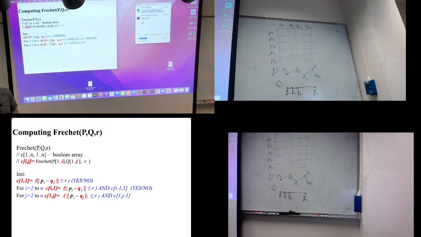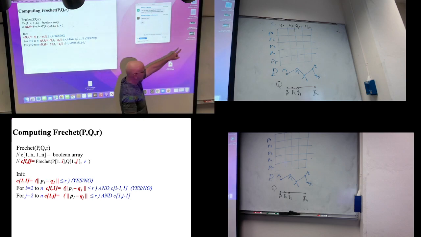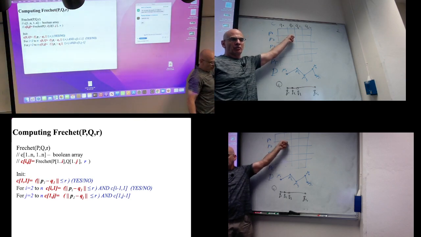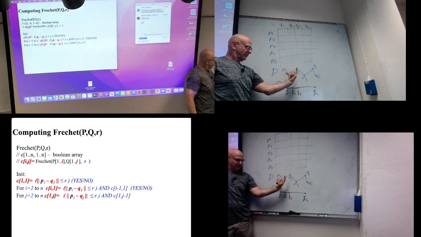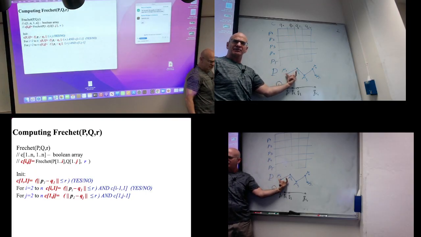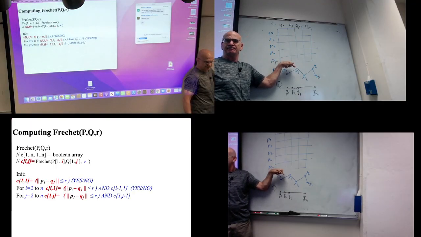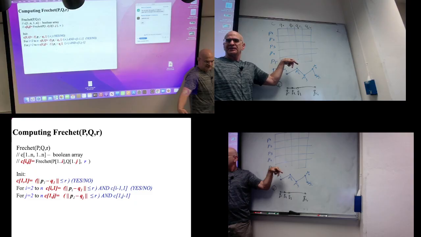In the case of dynamic time warping, we use this array C. The cell 2,2 was looking at the prefix of the first path. A prefix of the path is a polygonal path that just contains the first few vertices. That's my definition.